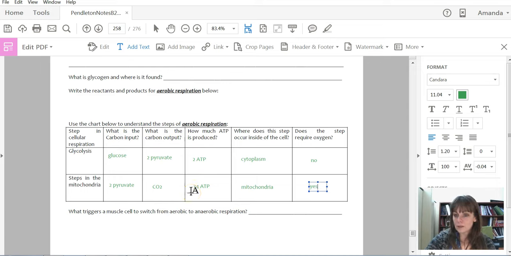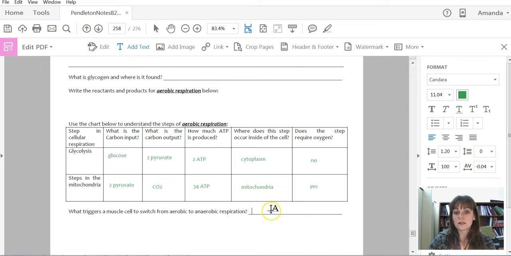But at some point, your body can't deliver enough oxygen at a high enough rate to get this step to happen efficiently, and so you switch over to a different type of energy production that doesn't require oxygen. The type that does is called aerobic respiration. The type that does not is called anaerobic respiration.